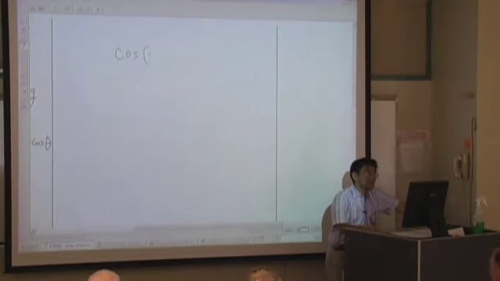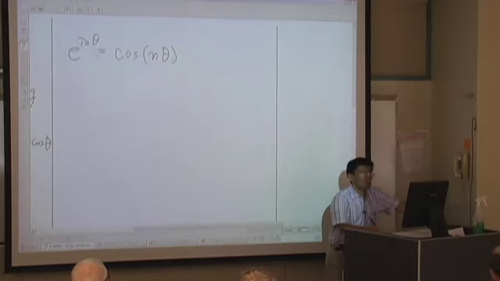Cosine n theta can be calculated. So I will use Euler notation. E to the power of i n theta equals cosine n theta plus i times sine n theta.